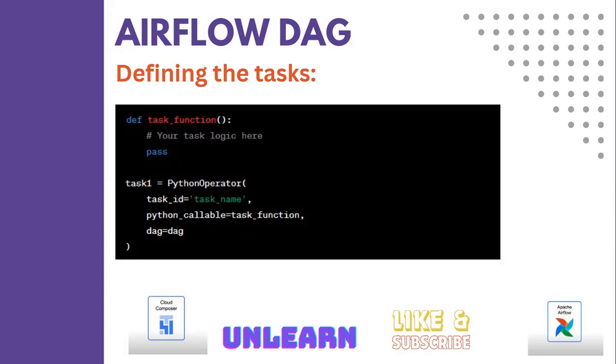It might be connecting to the GCS bucket and moving one particular object from one bucket to another bucket, or moving the GCS object into the BigQuery table, or it might be any other kind of thing. You can even run a stored procedure, or call something else. You can even connect to APIs. There might be many other business logics, so you can write your custom Python logic here.